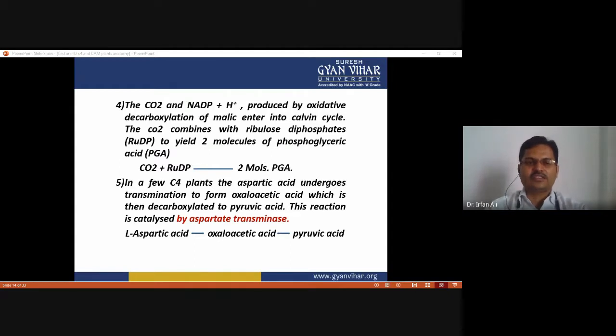This is the additional step found in some C4 plants, where the aspartic acid formed from oxaloacetic acid, because oxaloacetic acid can convert into either malic acid or aspartic acid, can again be converted into oxaloacetic acid and then pyruvic acid.